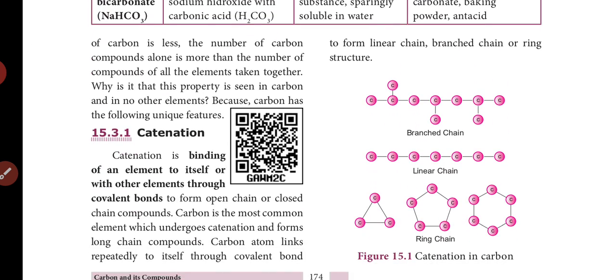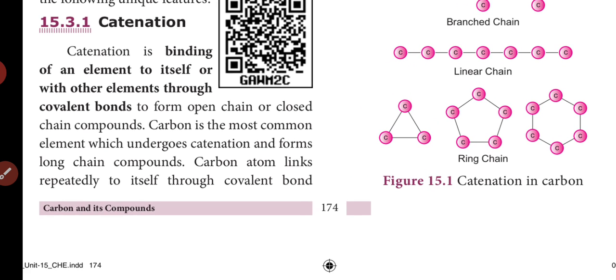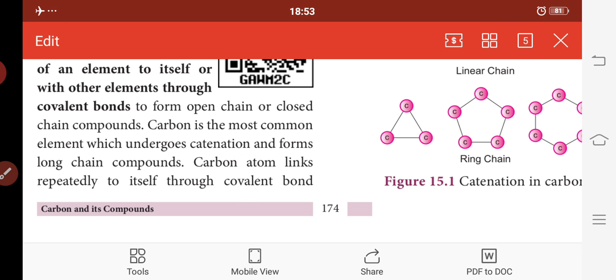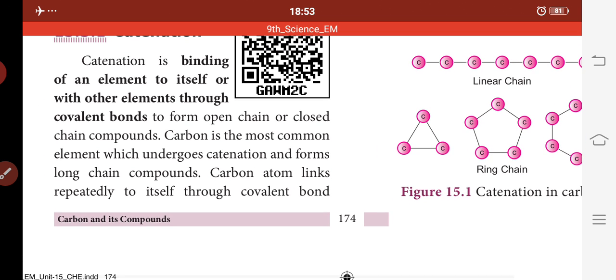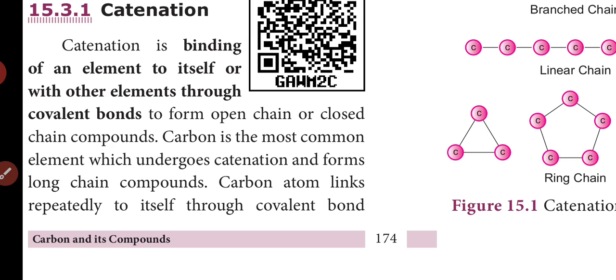So next we will see the special features of carbon, and the first one under that is catenation. Now define catenation. It is a 2 mark question. Catenation is nothing but binding of an element to itself or with other elements through covalent bonds.